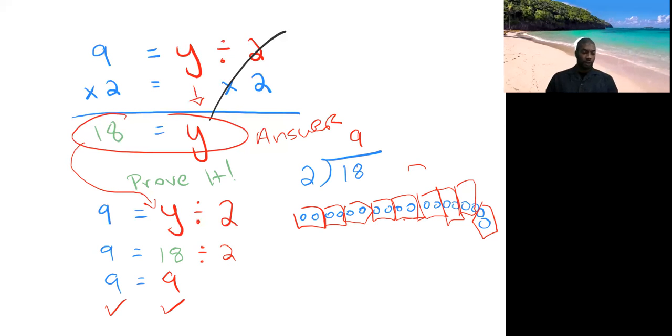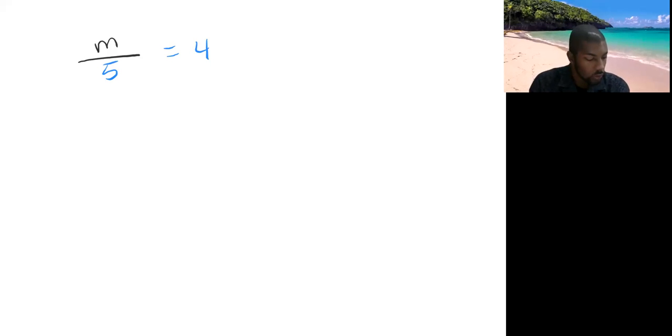So pretty simple. If you see division, all you need to do is multiplication to cancel out the number on one side. Now let's say it was written like this. Let's say it was written some number m divided by 5 is equal to 4. Well, there's 2 ways you can do this.